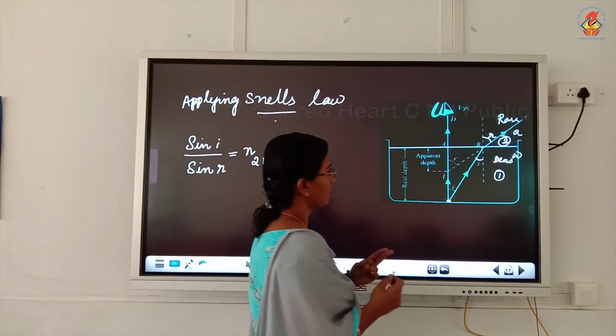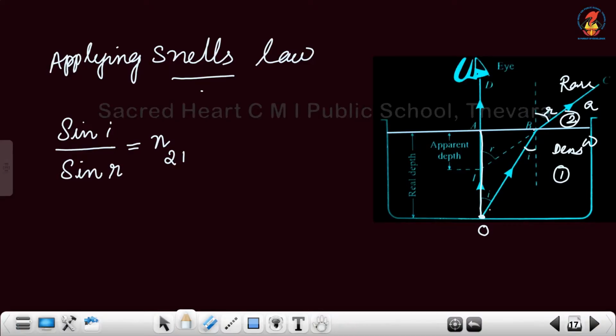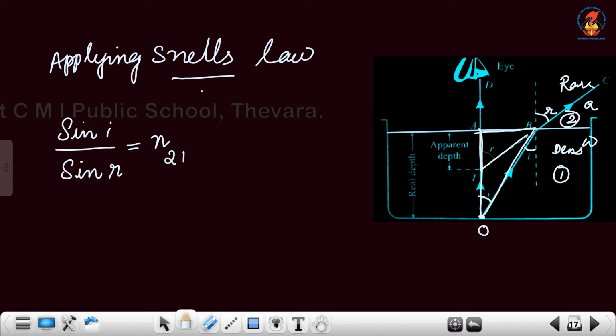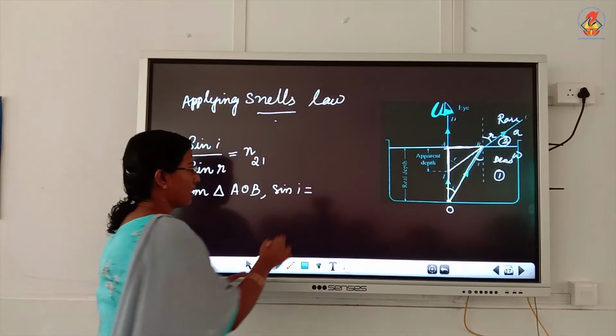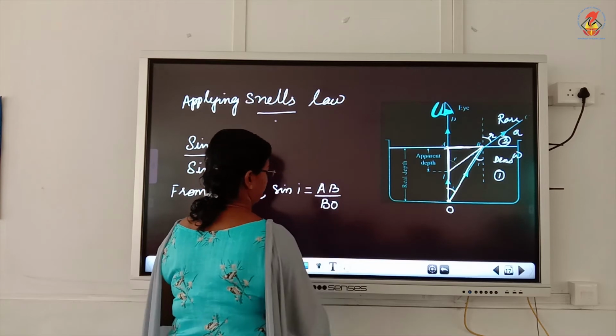For that we are going to use two triangles. From triangle AOB we will find sin i, and from triangle AIB we will find sin r. So from triangle AOB, sin i is equal to, you know sin theta is opposite side by hypotenuse, so it is AB divided by BO.